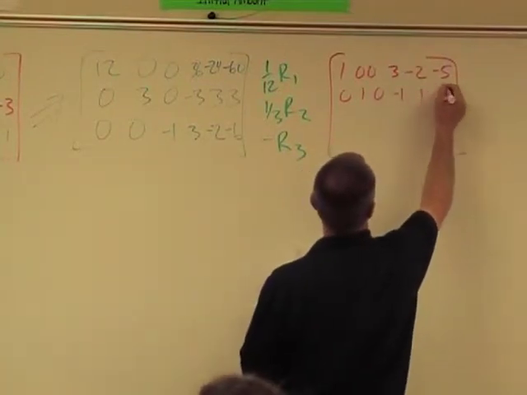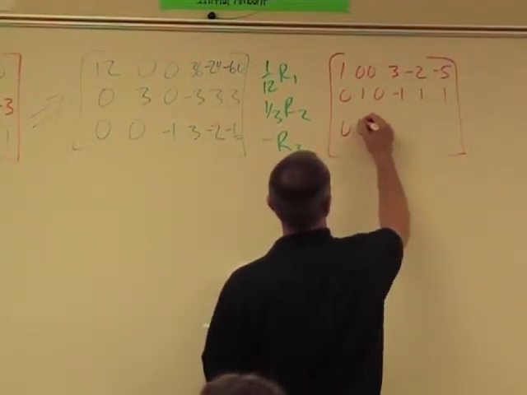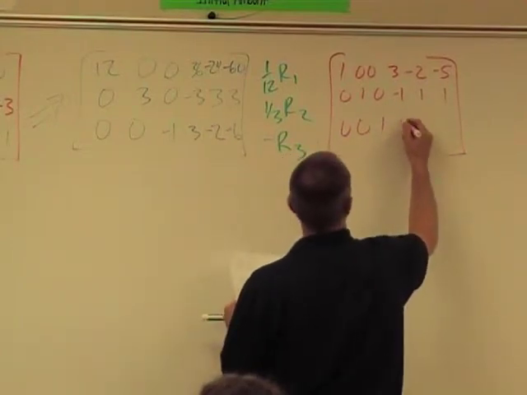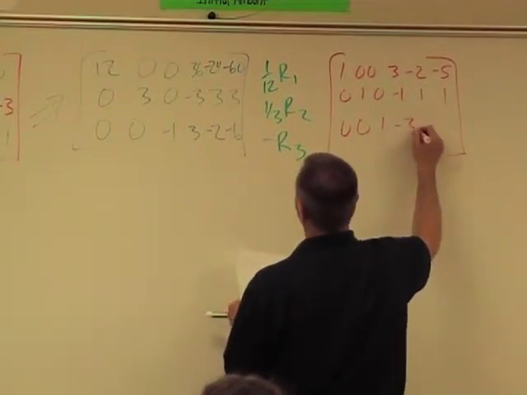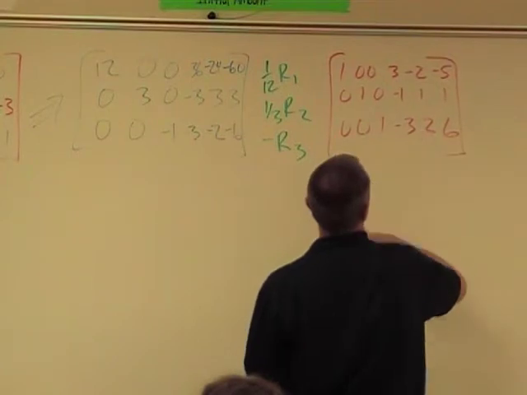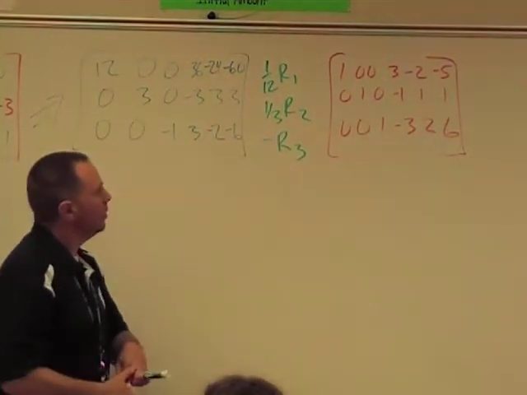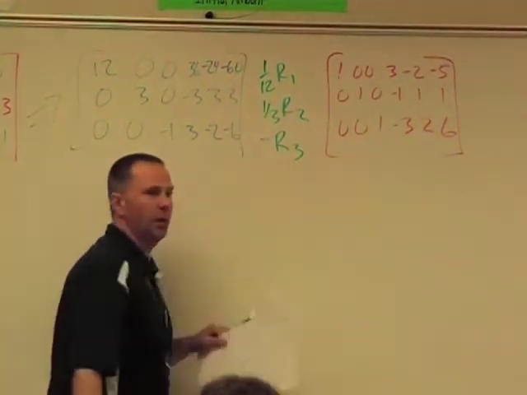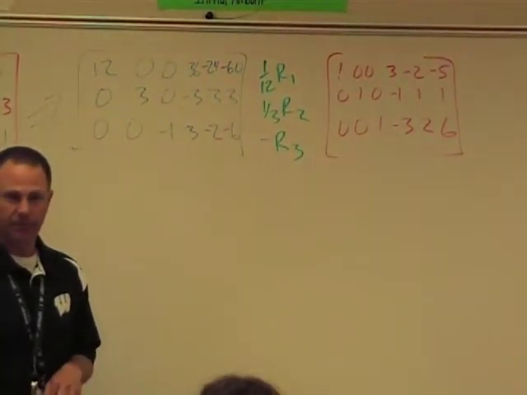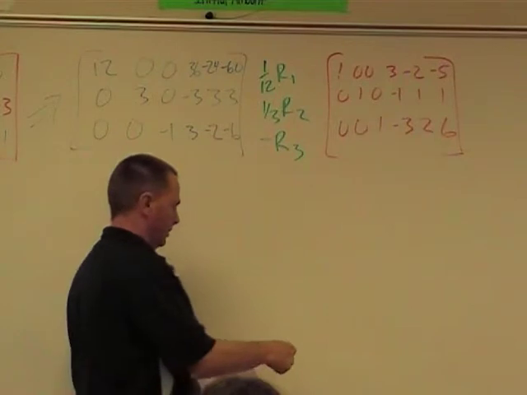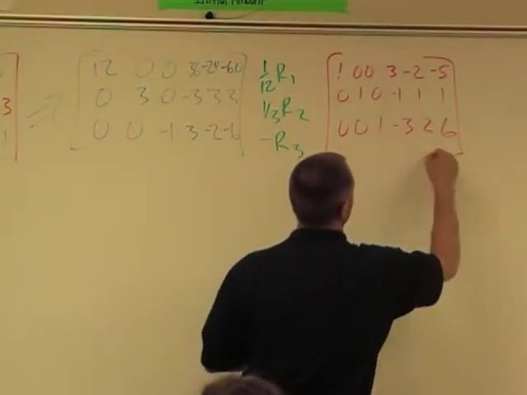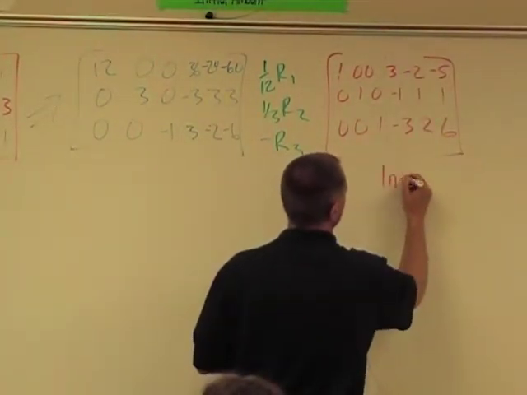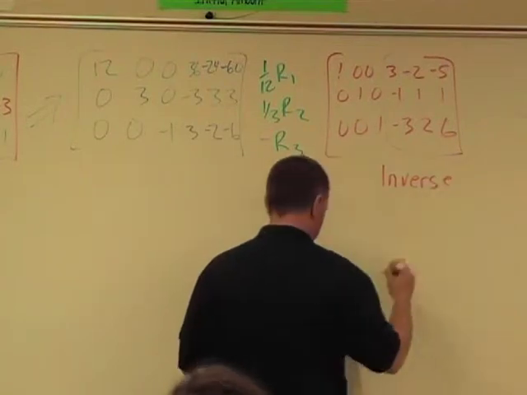And at the bottom, 0, 0, 1, and this became negative 3, 2, and 6. So notice now my diagonals are 1s, with 0s below and 0s above. This is the inverse of your 3 by 3.